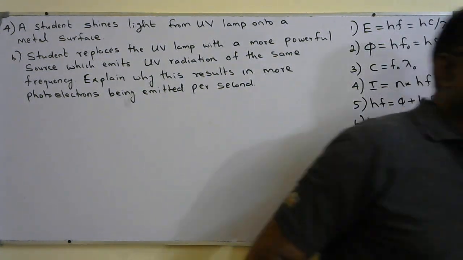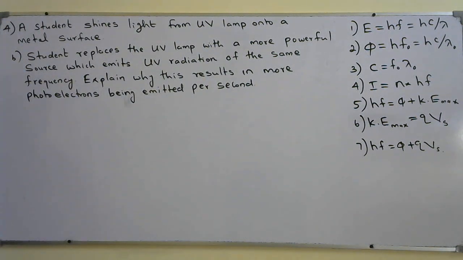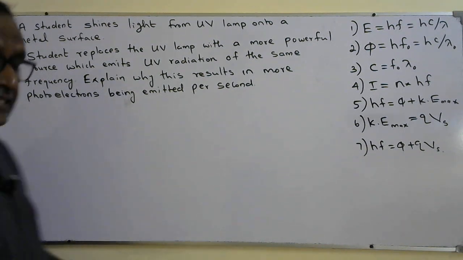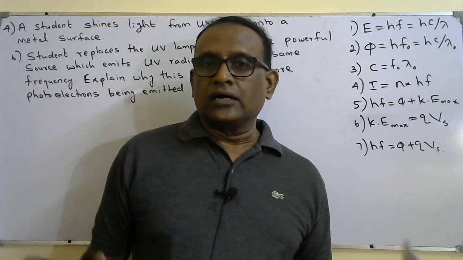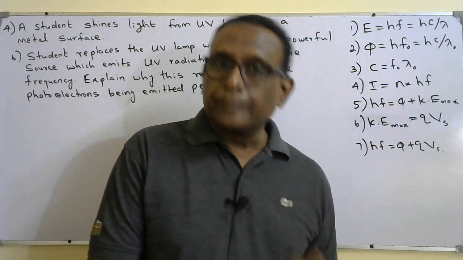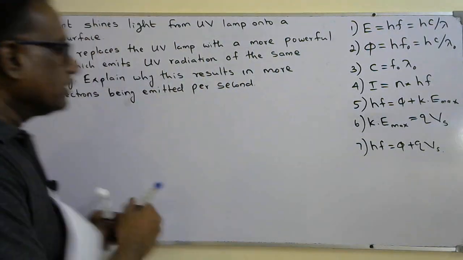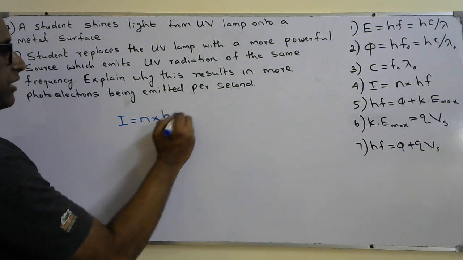Okay, same frequency. They are saying it's a more powerful source, which means higher intensity. So more powerful source means greater intensity, but the frequency is the same. Even for UV radiation, you can have different intensities. We know that intensity is given by I equals n times hf.